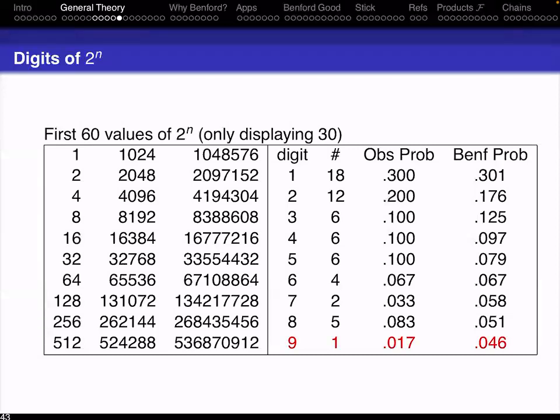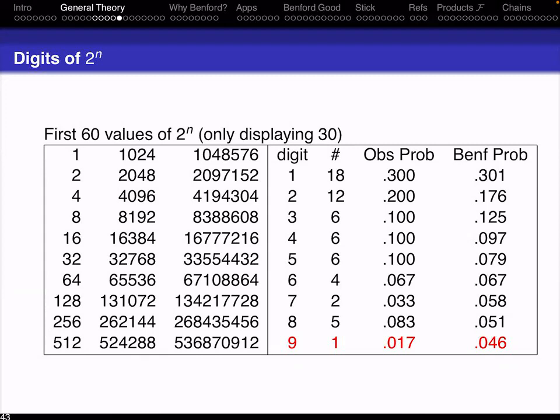So who here is a computer scientist? All right. How many megabytes are in a gigabyte? It's 1,024.